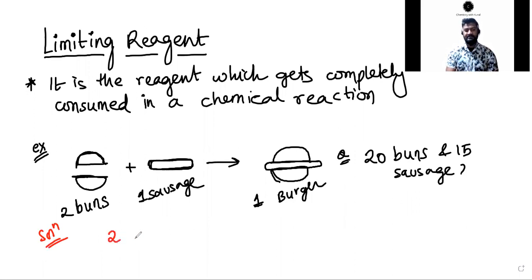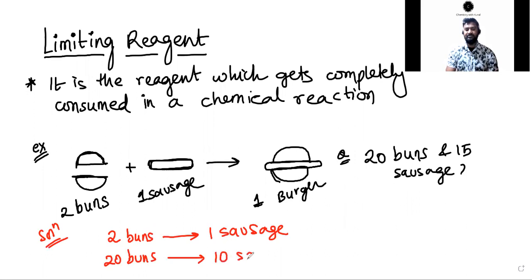For two bread buns, we need one sausage, right? For 20 buns, how many sausages will we need? Exactly 10 sausages, right? That's a simple calculation. Two buns, 1; 20, 10. But how many have we been given?